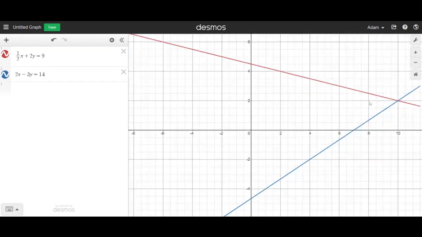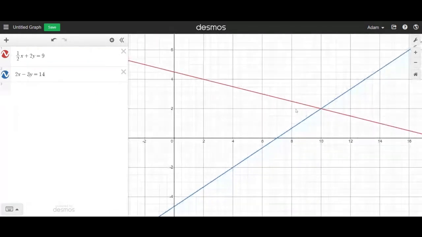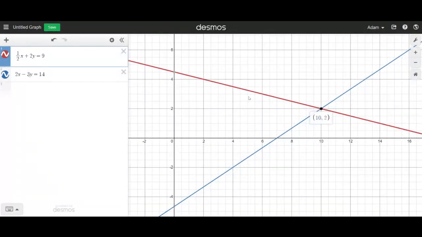Now, of course, it's hard to see, so we have to move over a bit, click and drag, and there is an intersection point, and we see it here, 10, 2. So, good way to check our result. Are there any questions on this? Okay, so let me stop sharing this.